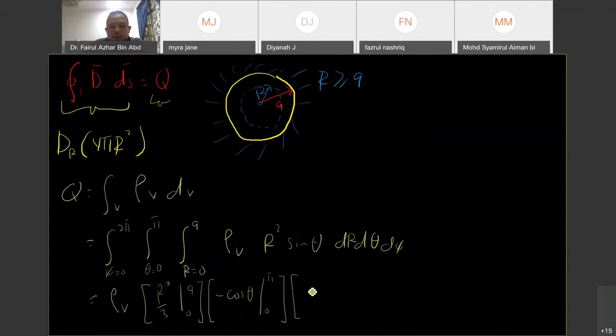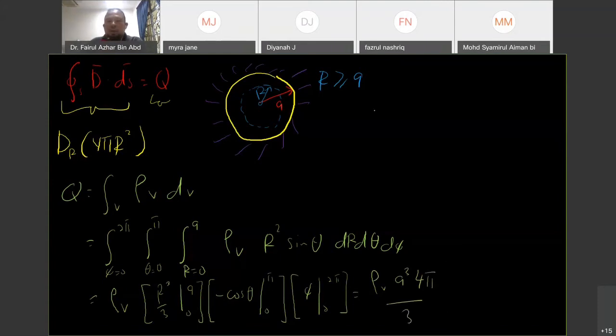And phi is from 0 until 2 pi. So if you solve this one, then we will have rho v a to the power of 3, so 2 pi is 4 pi here, so divided by 3.